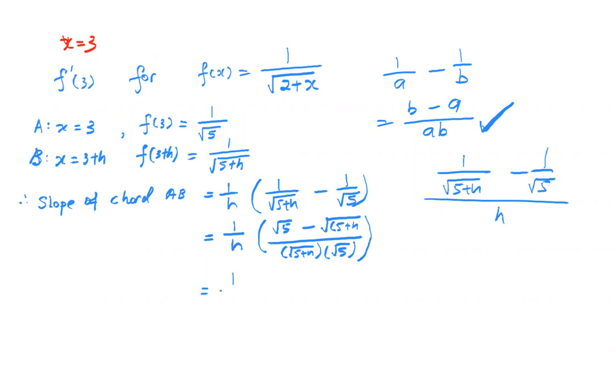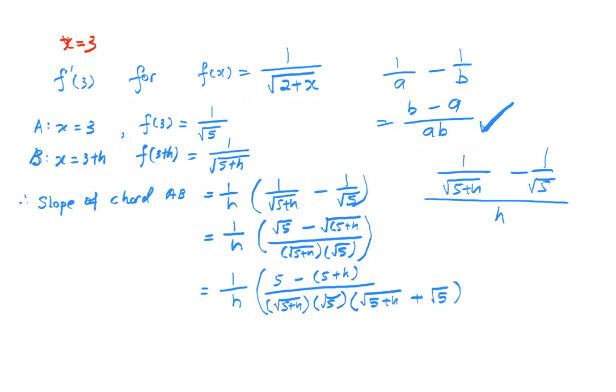So 1 over h, square root of 5 minus square root of 5 plus h, divided by, copy down this thing, and the conjugate. Since it's a plus, it doesn't matter which one I write first. Right? So I'm done. Simplify, then you get the answer.